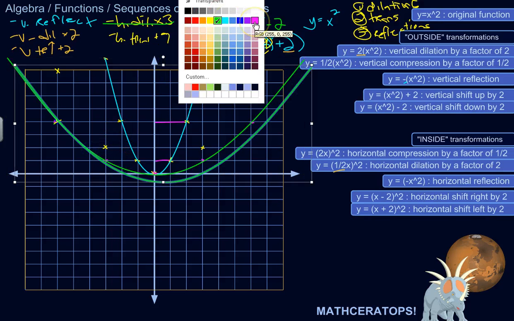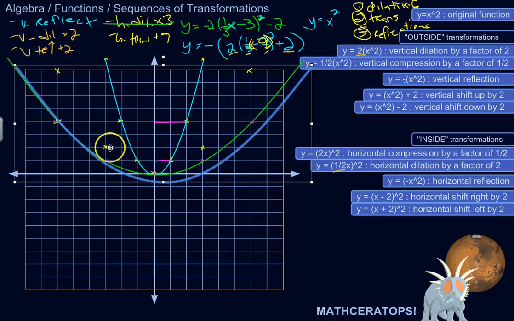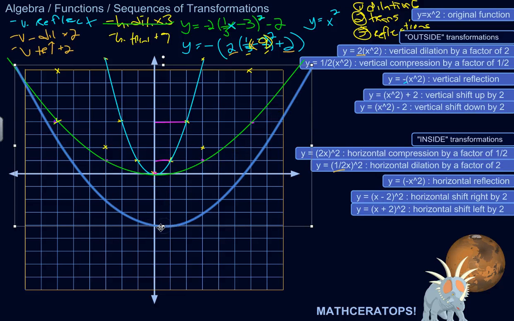So let's copy this. Make that a different color, something like that. How are we going to do this?